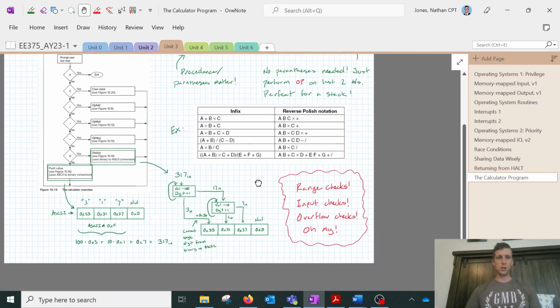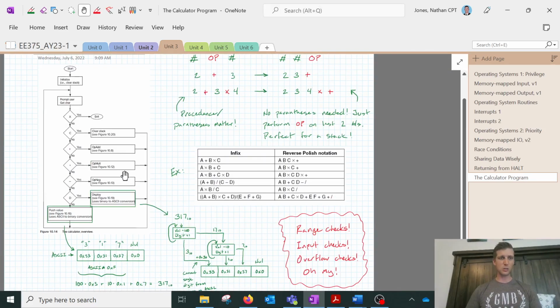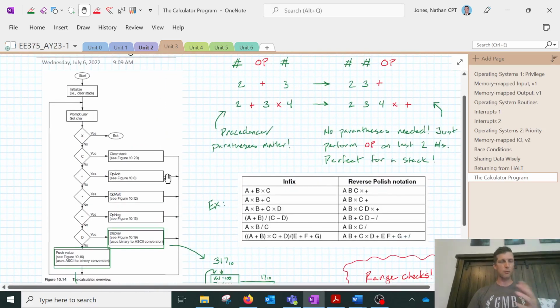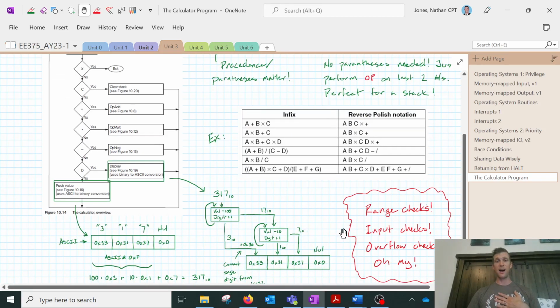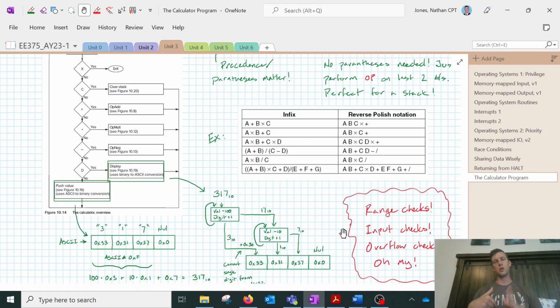Okay, so that's all I'll show you about this program. The last thing I'll say is that I would definitely recommend you look through this, particularly all the little subroutines here that clear the stack or do the addition operation or the multiplication operation. There's a lot of great stuff in there that is performing range checking, checking your input values for correct integers, making sure you're not typing letters, and checking for overflow.